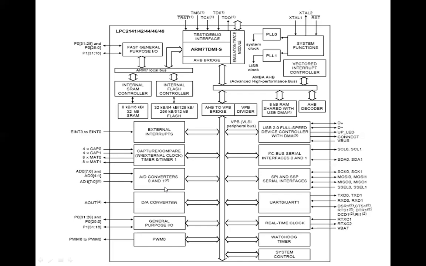The upper one is a fast GPIO, and here it is general purpose input output. Again it has 2 ports, port 0 and port 1. The same lines are configured here also; there is no change. The only difference is whether we are going to handle it from a general purpose point of view or a fast point of view.